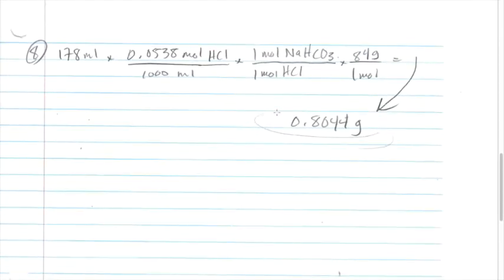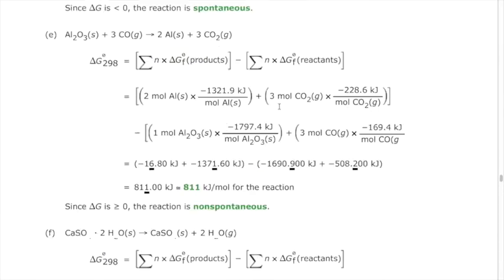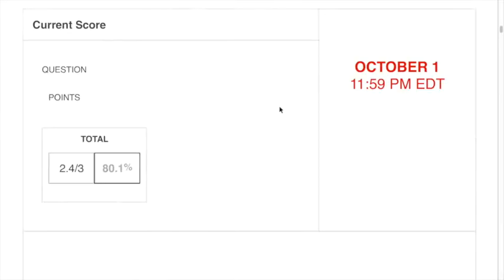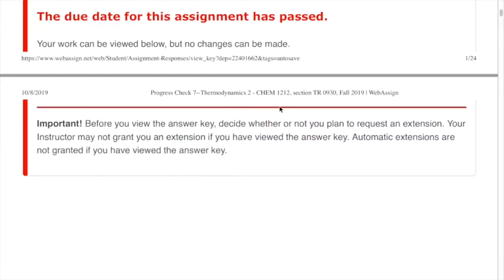Okay, so now we're moving on to the second progress check on thermodynamics. And we'll start with number 1. We've got 4 questions on this one, so here we are.